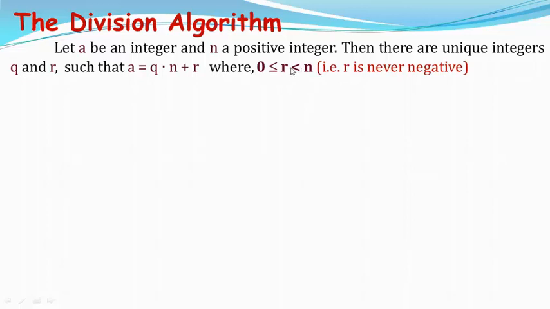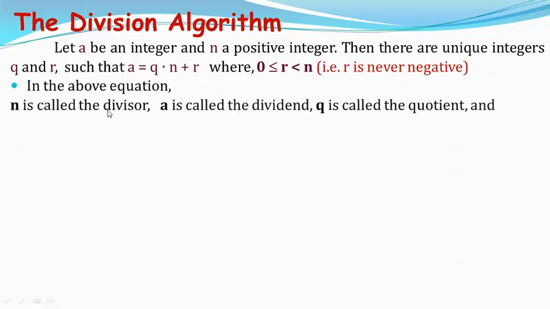Here we divide integer a by a positive integer n. In the above equation, n is called the divisor, a is called the dividend, q is called the quotient, and r is called the remainder. Here r is always non-negative and always less than n.